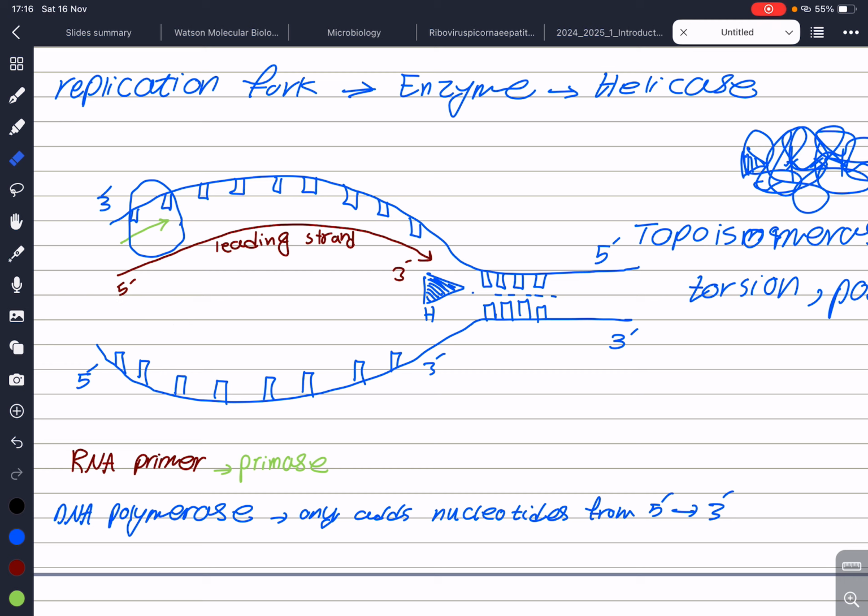In this case, we will have, as before, an RNA primer that will attach to a sequence of the other strand of DNA, which again is 3' to 5'. Then the DNA polymerase starts to add nucleotides from the 5' end made by the RNA primer to 3'.